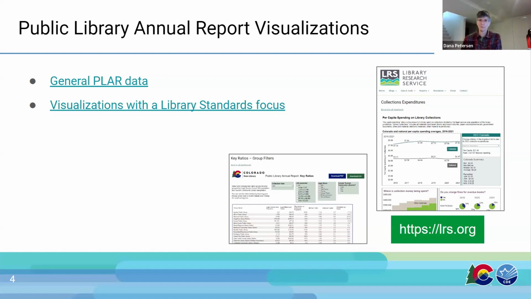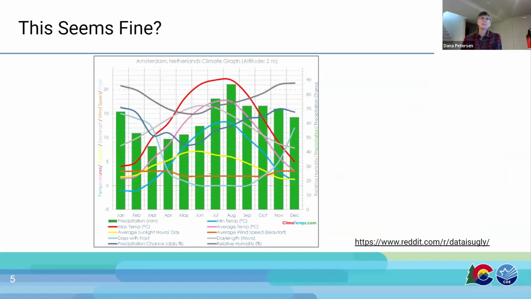I'd like you to jump in and chat about what might be amiss with this data visualization. Shout out to Mike for pointing us to the Reddit thread, Data is Ugly, which is a rabbit hole, so be careful.